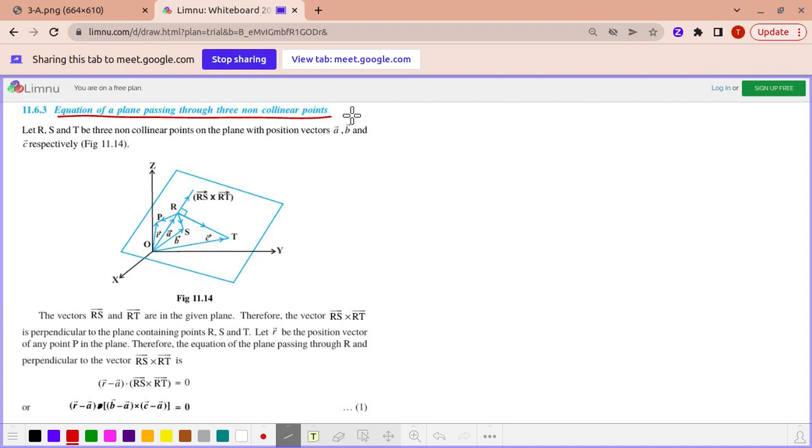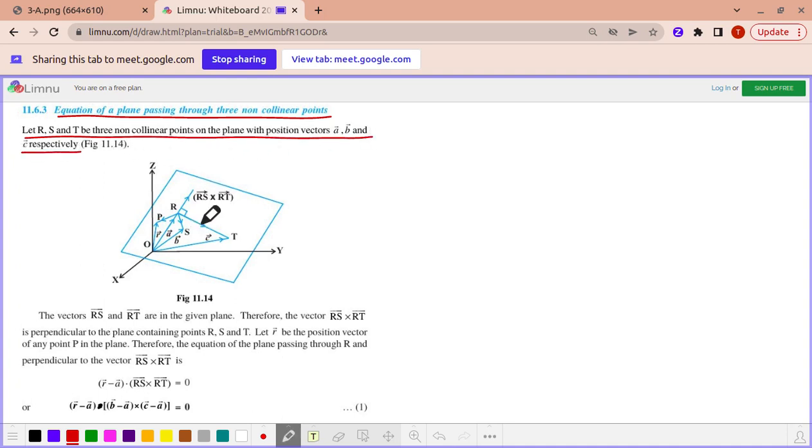First let us derive. So let us have 3 non-collinear points R, S and T, and having the position vectors a vector, b vector and c vector respectively. So let R, S, T be 3 non-collinear points on the plane with position vectors a vector, b vector and c vector respectively.